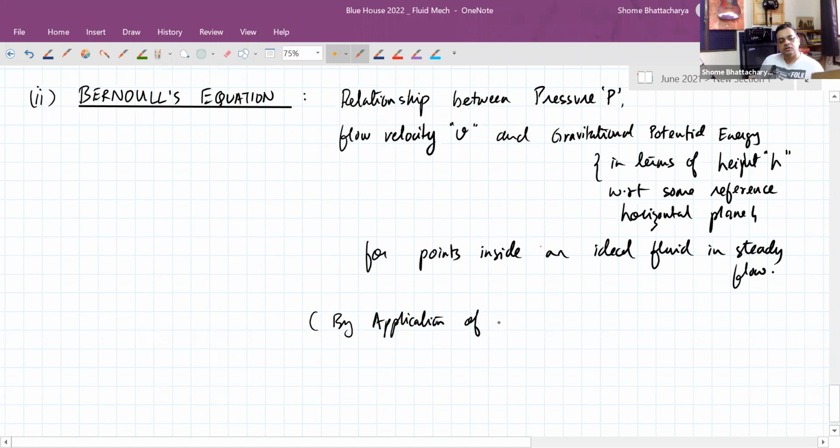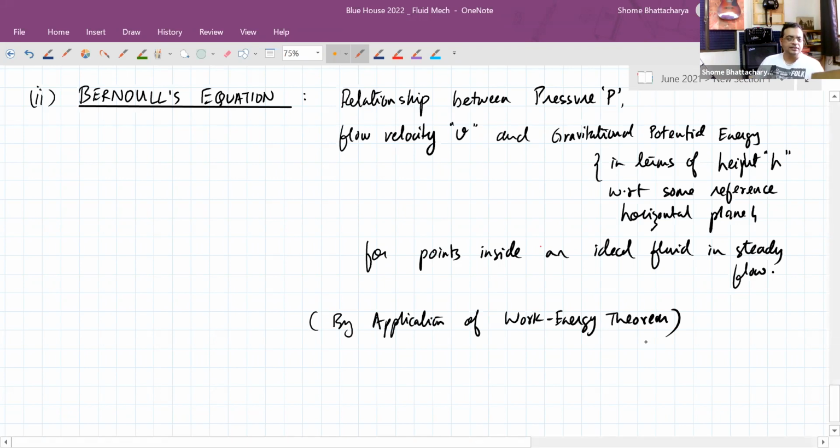So it applies our good old work energy theorem from Newtonian mechanics: work done by external forces plus non-conservative forces is equal to change in kinetic energy plus change in potential energy. That very theorem we'll be applying over here, but we'll be applying it to a section of a moving fluid instead of to a rigid body or a particle.